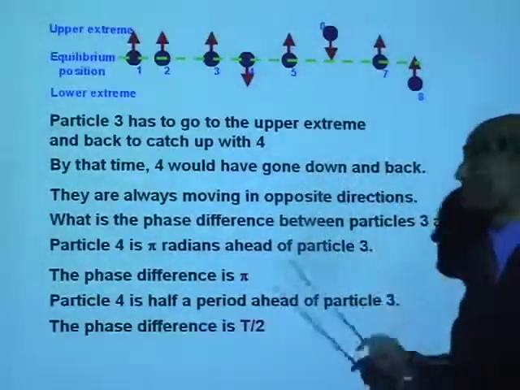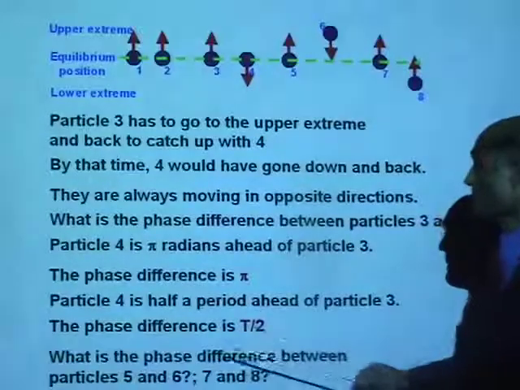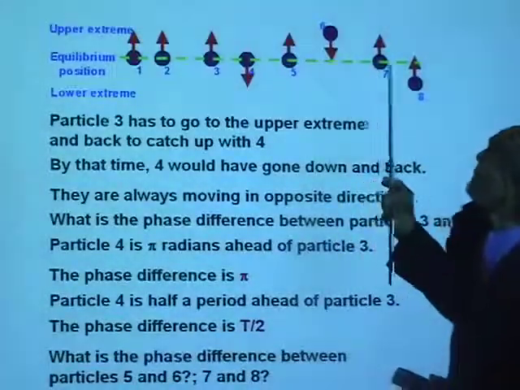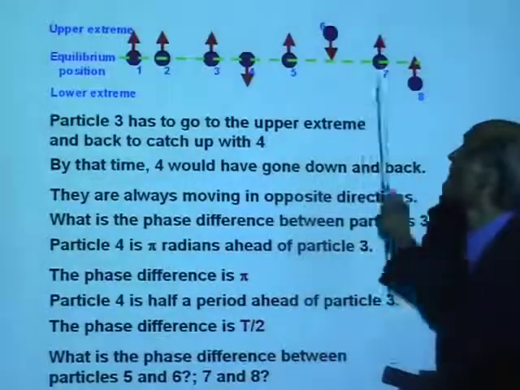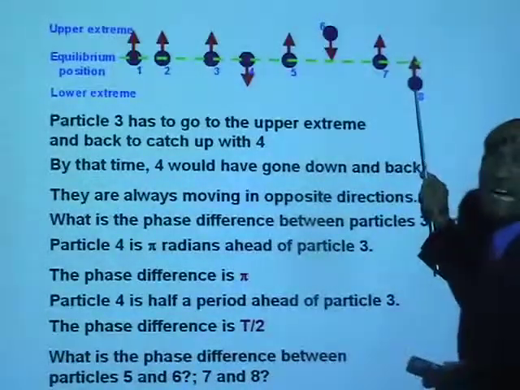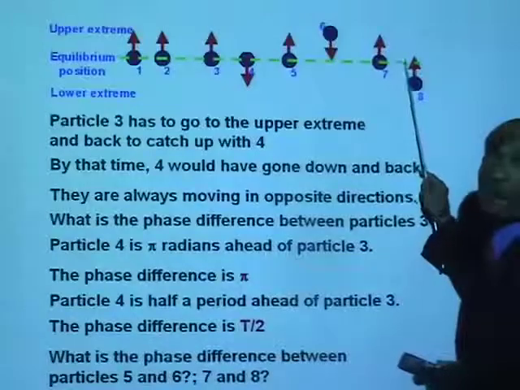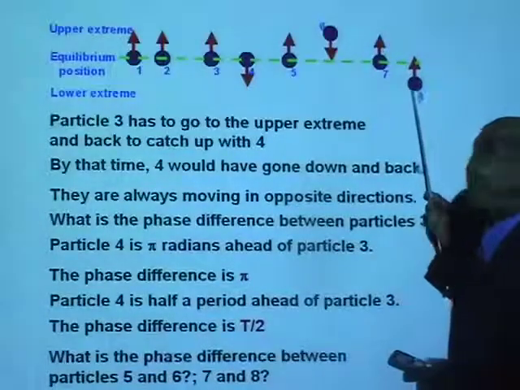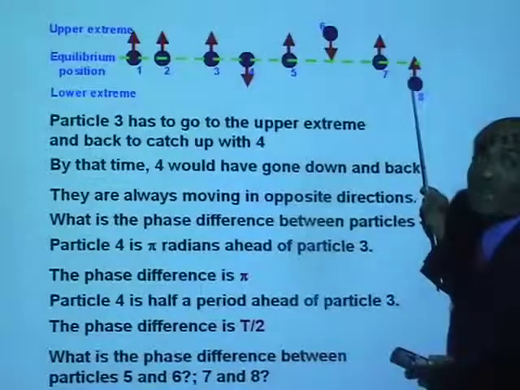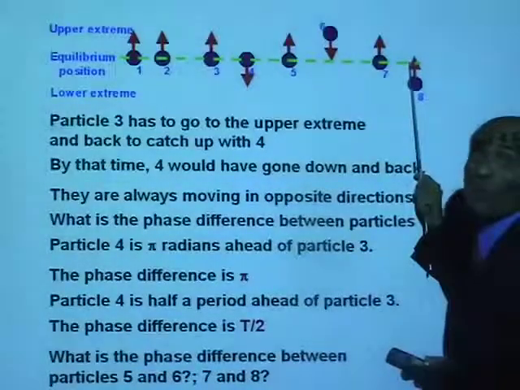A phase angle of pi by 2. Alright, so tell me, what is the phase difference between particles 7 and 8? Particle 8 has completed what part of the vibration? It has completed 3/4 of the vibration. Only the last quarter is left.